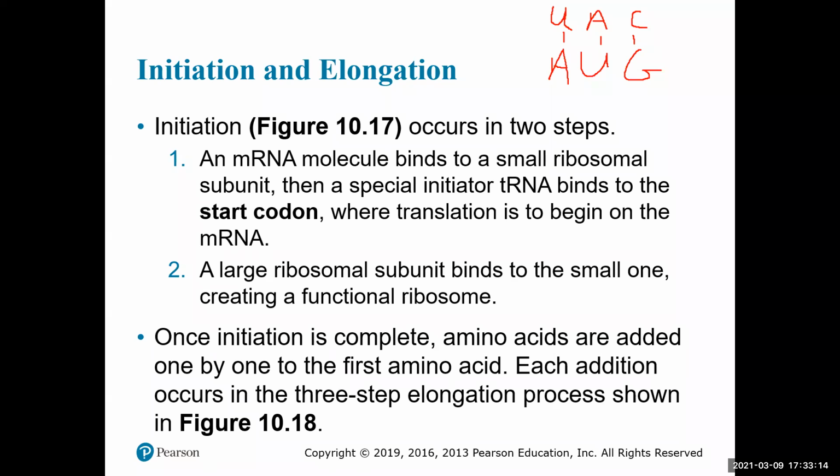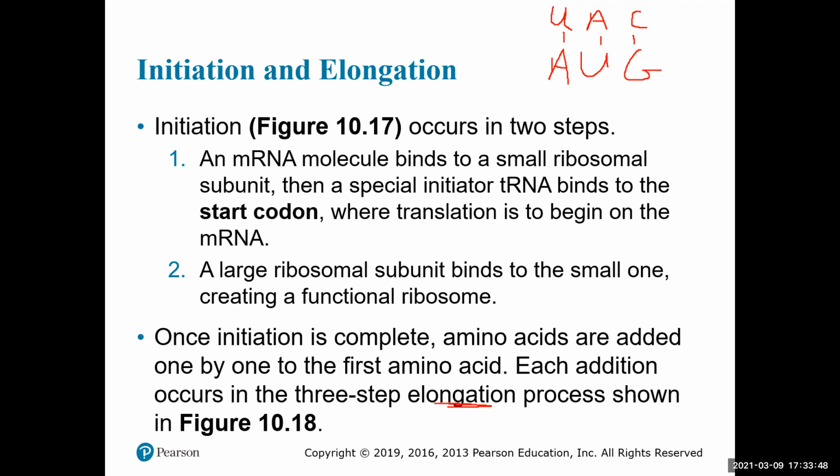And so once initiation is complete, the amino acids are then added on one by one to the first amino acid, which is methionine. And so it basically has this three-step elongation process that's shown on the next slide. So basically initiation is the attachment of the small subunit, the mRNA, and the initiator tRNA with that starting codon.